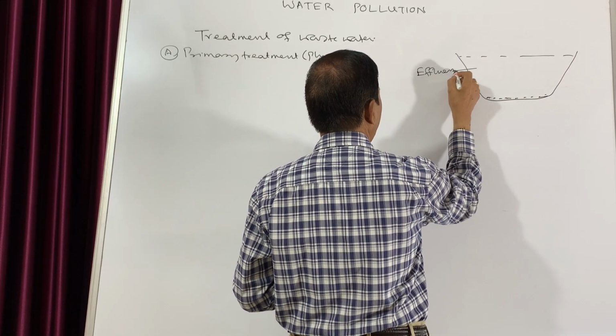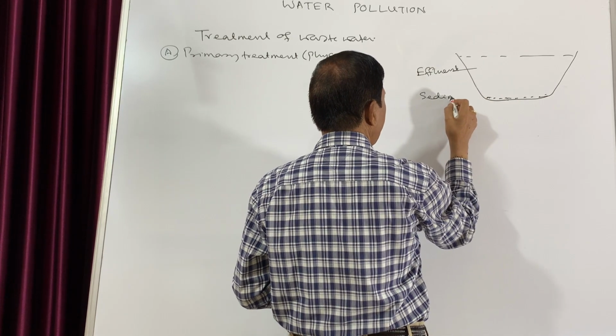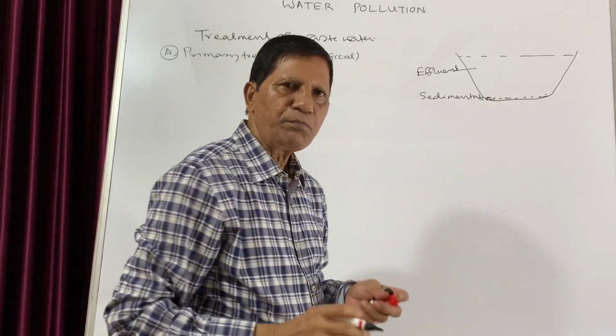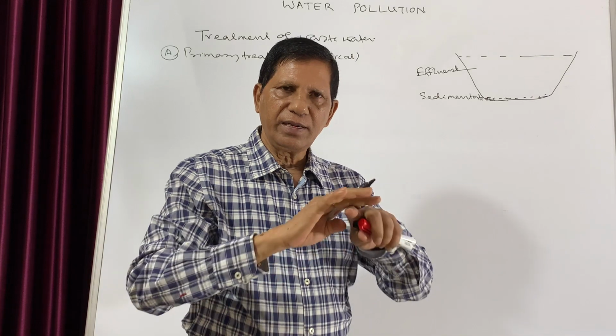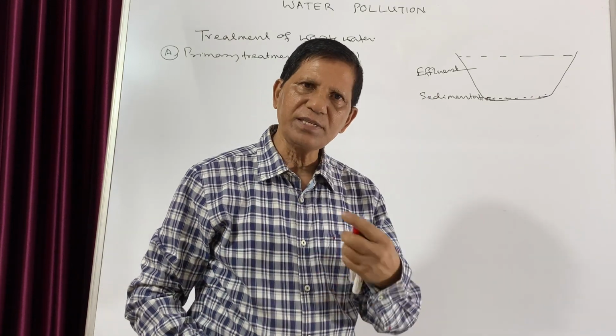This is effluent and these are the solid materials, and the process is known as sedimentation. So this is the first step where the wastewater is put in a tank and allowed to sediment.